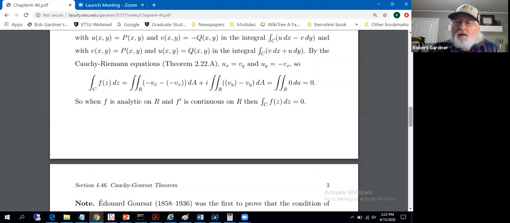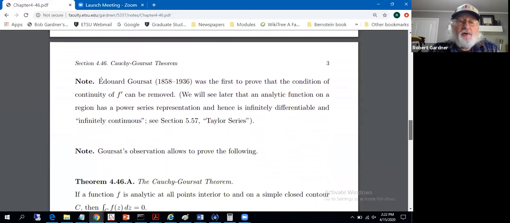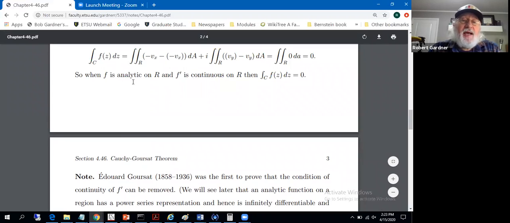Requiring an analytic function with continuous derivative can even be further softened, and was done so by Goursat. He was the first to prove that the condition of continuity of f prime can be removed, and all we would require then is that f is analytic on R. That hides a little bit of stuff there.